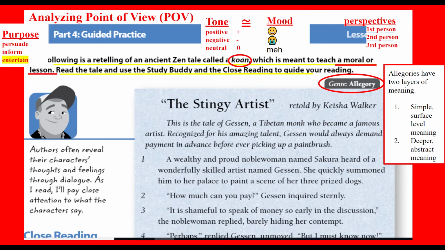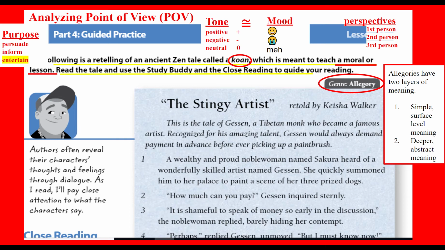So we already know that allegories have two layers of meaning. The first layer, very, very simple surface level. It's just a simple story, right? But there's also a deeper abstract meaning, and that's the second layer. And when you hear the word abstract, I want you to think about something that's not surface level.